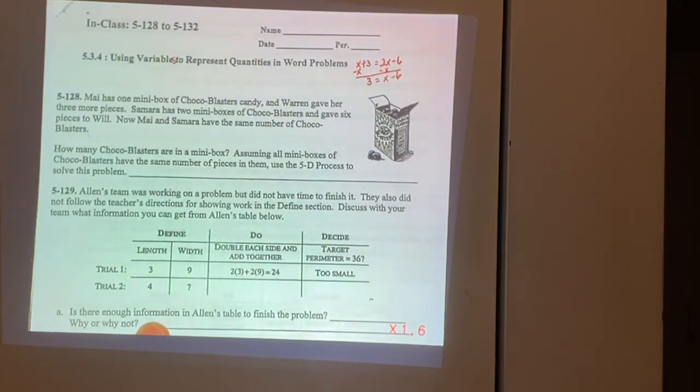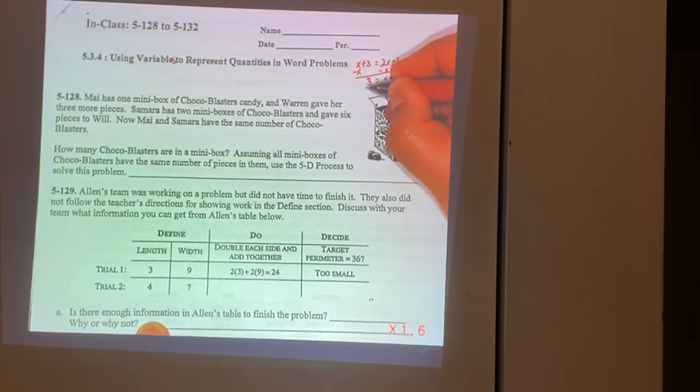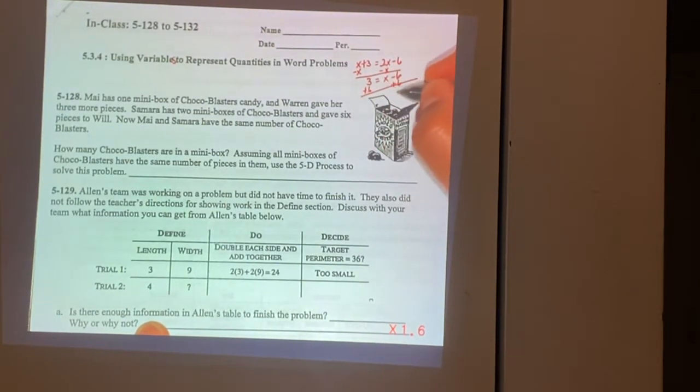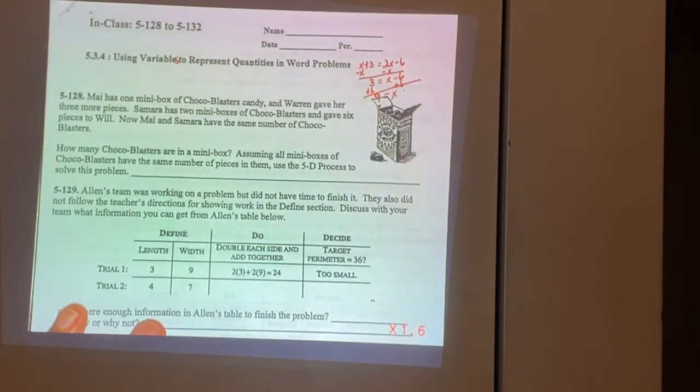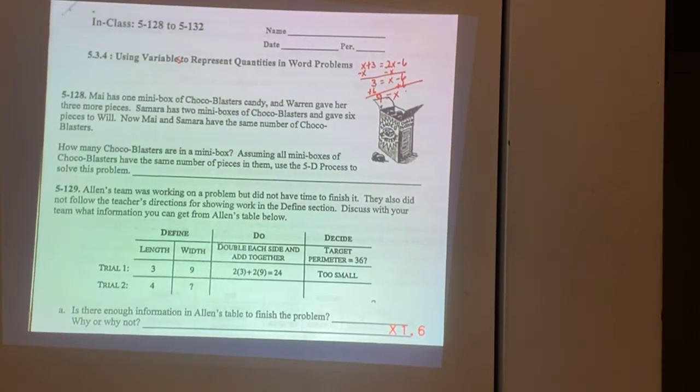Okay. So if I add 6 to both sides, this tells me that in a box there are 9 Cocoa Blasters. Remember, the x represents the box, what's in the box. So the next part is how many Cocoa Blasters are in a mini box.